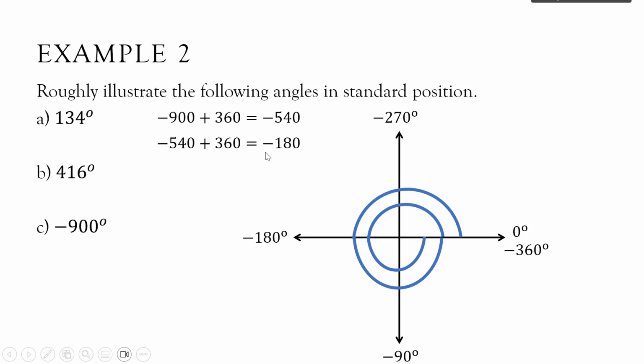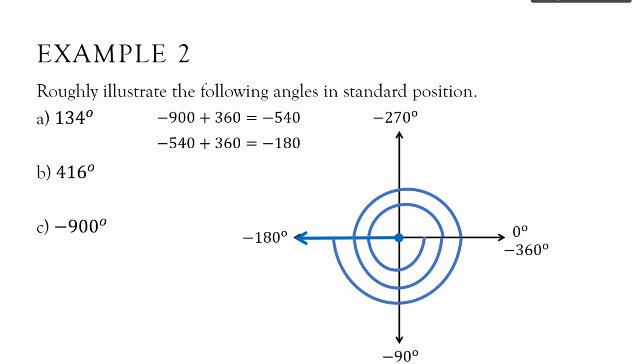And now my next angle is negative 180. So from my point here, I need to go 180 degrees in the clockwise direction. So I have 90 degrees and then negative 180. Then thus finishing my angle for negative 900.